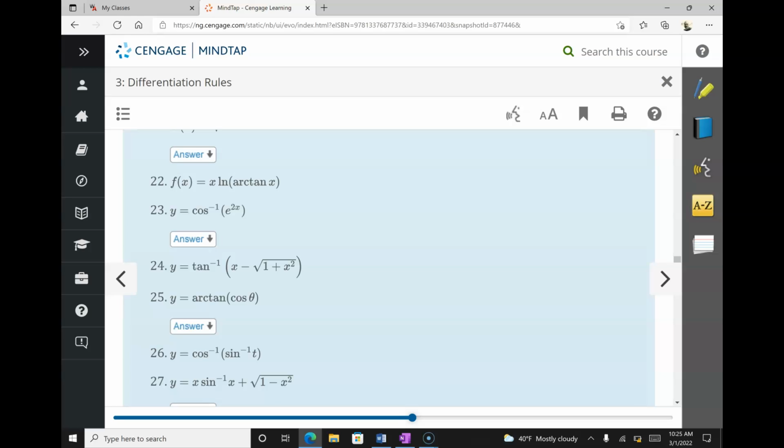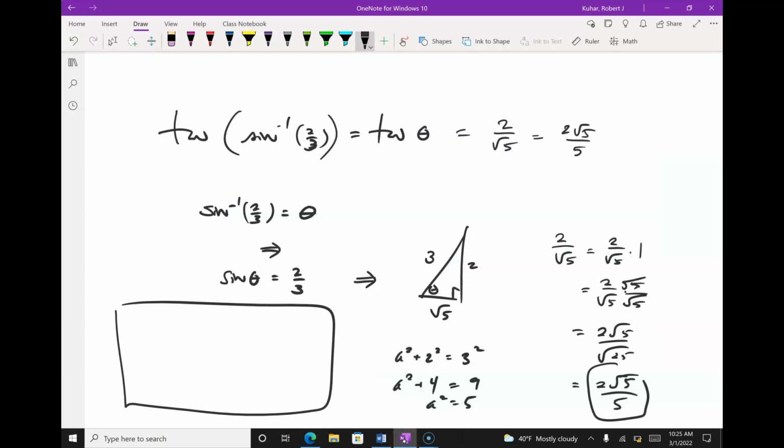A couple of you did the arc cosine. Before I do that, I'll talk about that arc cosine. If y equals arc cos of x, y prime is negative 1 over square root of 1 minus x squared. How many of you got that over the break? Nice.